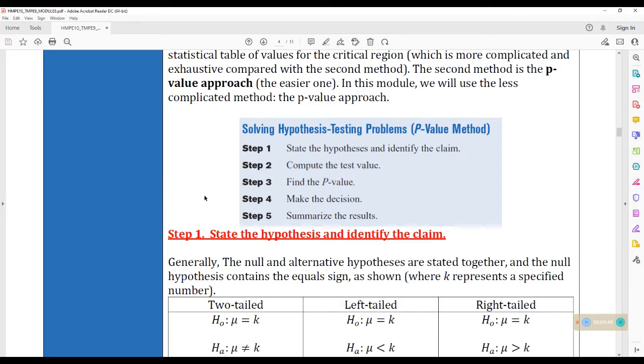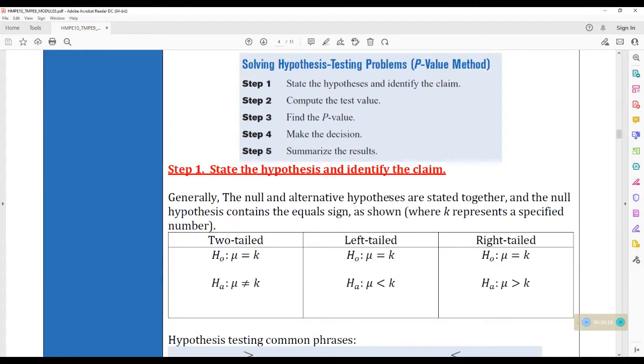And sometimes, to make sure that you are drawing the correct conclusion, pagsamahin mo itong dalawa. Okay. It's a matter of common sense lang din naman when it comes to p-value. But if you find yourself frustrated, you can check the test value as well. Step 4, make the decision and finally summarize the results.